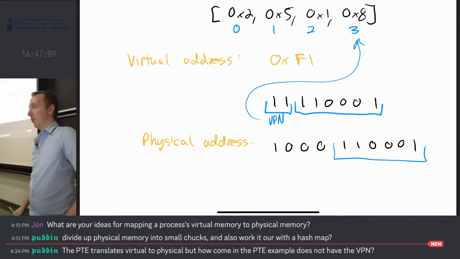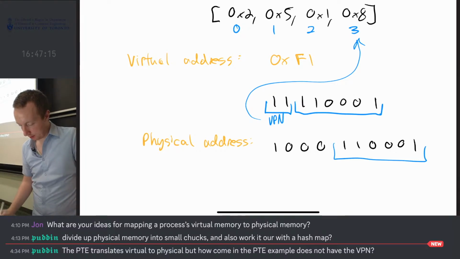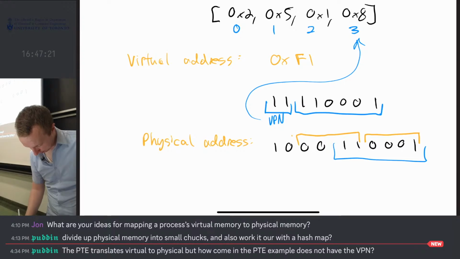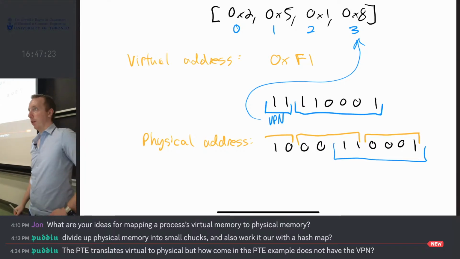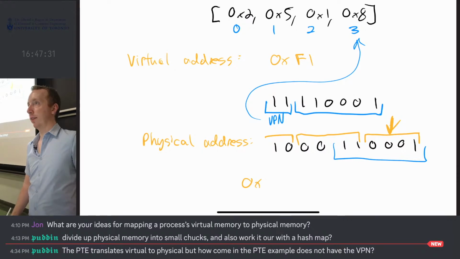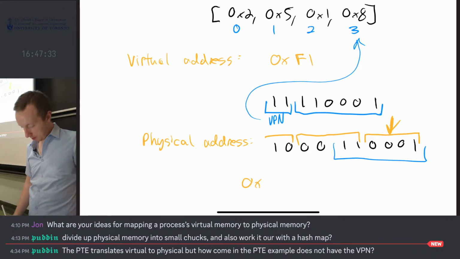1, 0, 0. And now if we want to translate this back to hex, we just start grouping in groups of 4 from the back. So that's one group, that's another group. So the physical address we end up with would be, what is this in hex? 1.